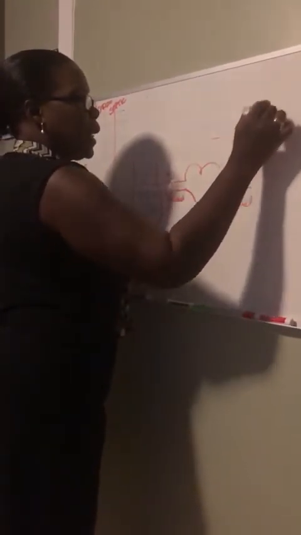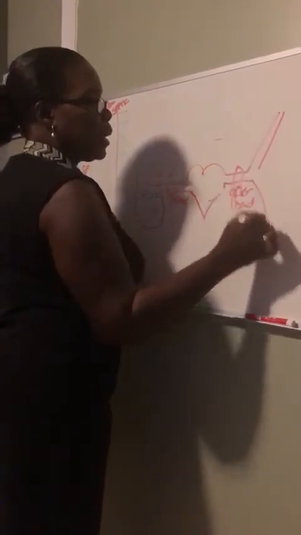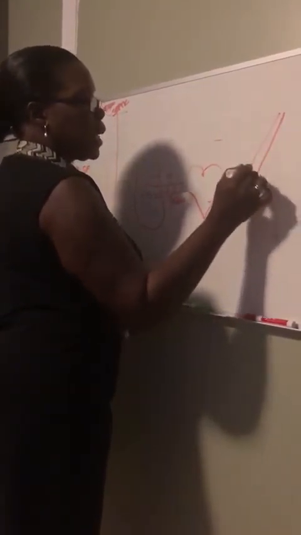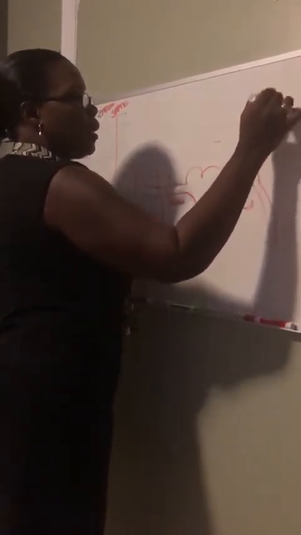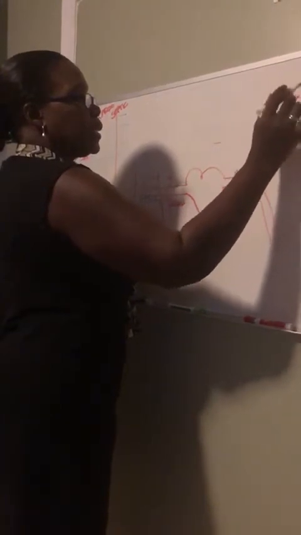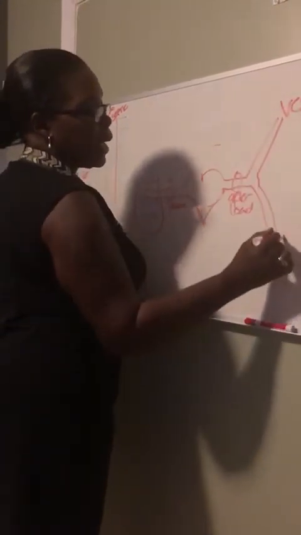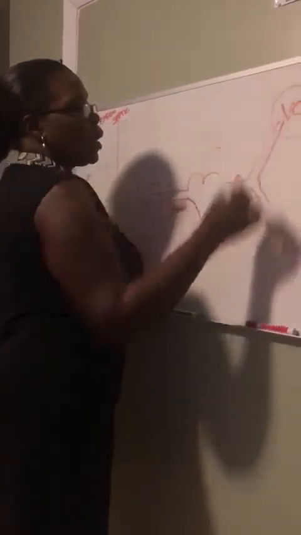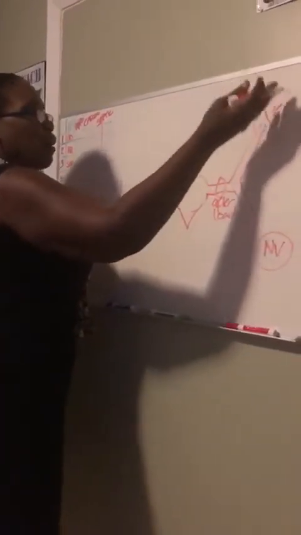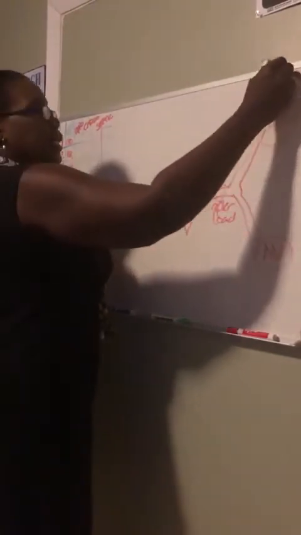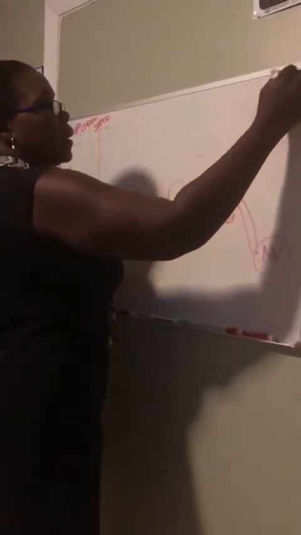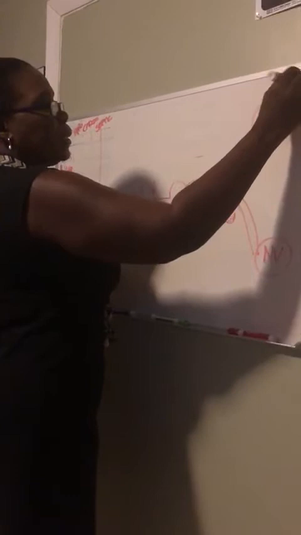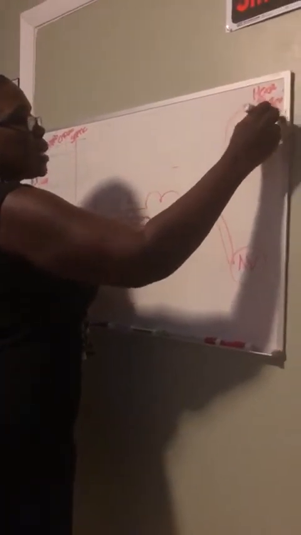Where does this blood go from your heart? It goes in two areas. It goes to your vital organs and your non-vital organs. Okay? So what are vital organs? Vital organs are your heart, your kidneys, yes, your brain, your lungs.